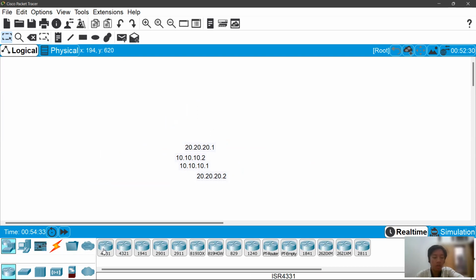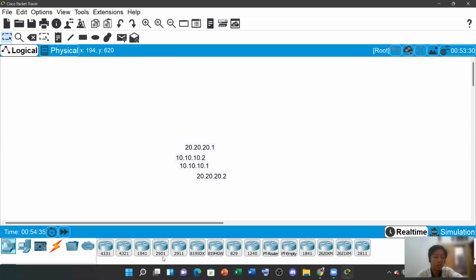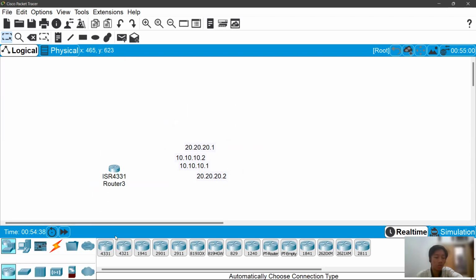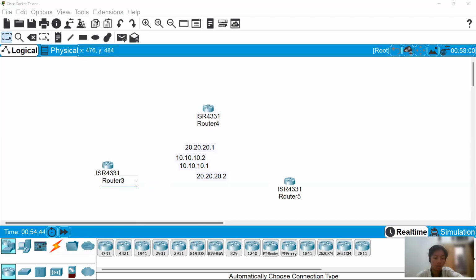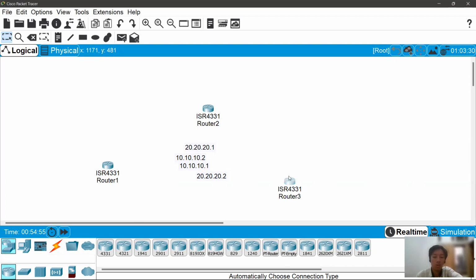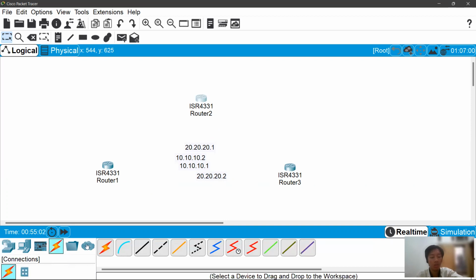If we have enough time, I would also like to explain about dynamic routing EIGRP. But if we don't have time, I would like to explain about OSPF.